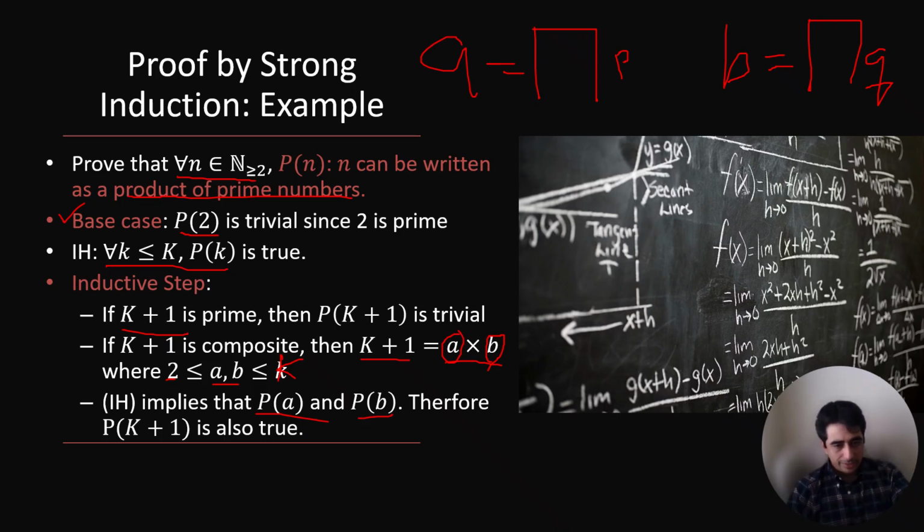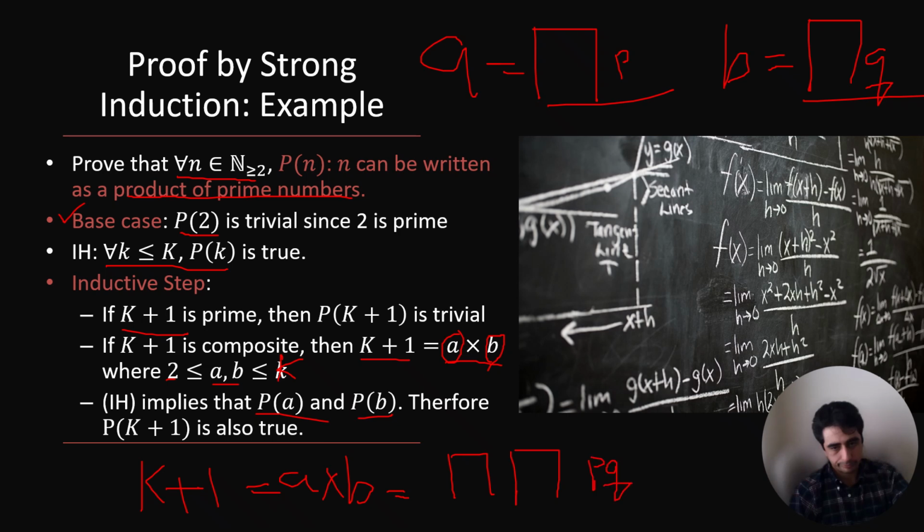Therefore, you can say K plus 1, which is your target that wants to be factorized into prime numbers, can be written as A times B. Now I'm going to replace A with this product and B with this product. So I can write this like this.